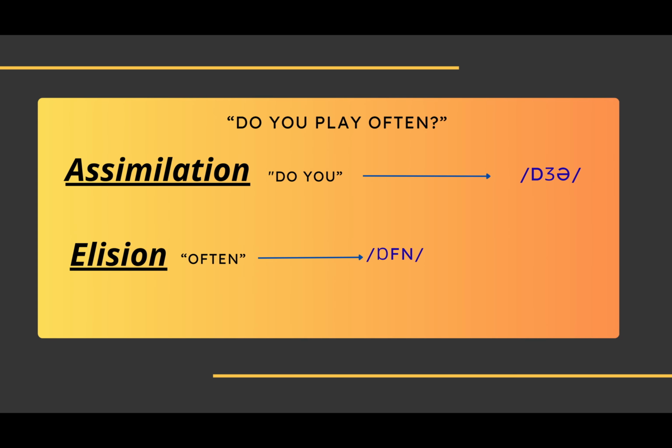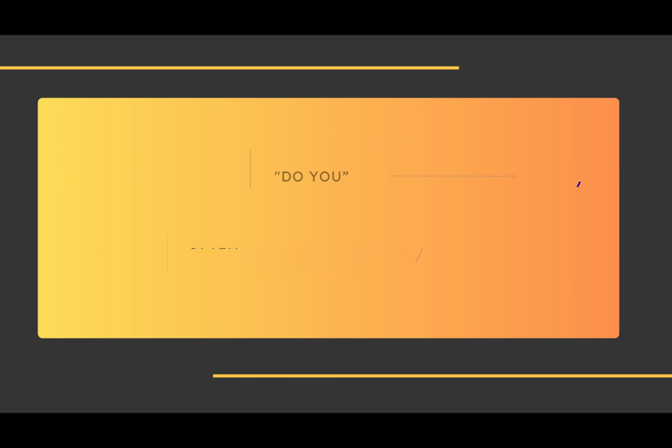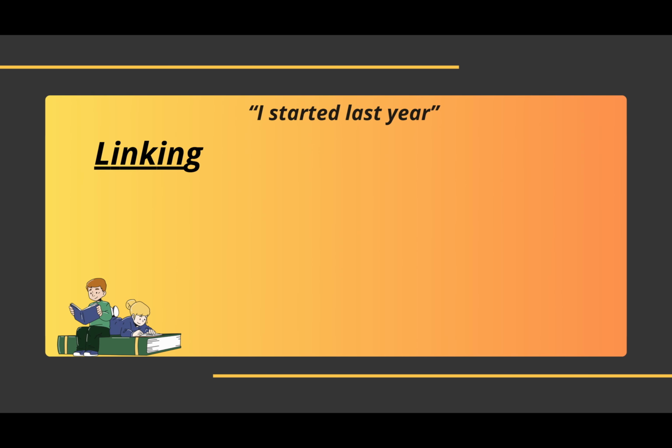Then we can also find another type of connected speech, that is linking. Linking is when the last sound of one word connects to the first sound of the next word. So in this example, I selected the sentence, "I started last year." In the sentence, "last year," the t sound at the end of the word "last" links with the first sound of the word "year."